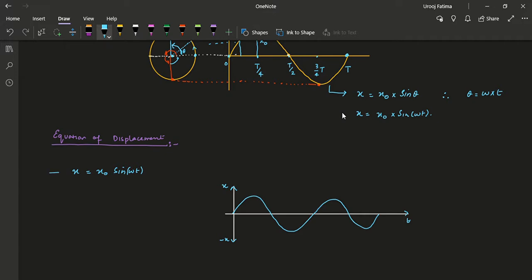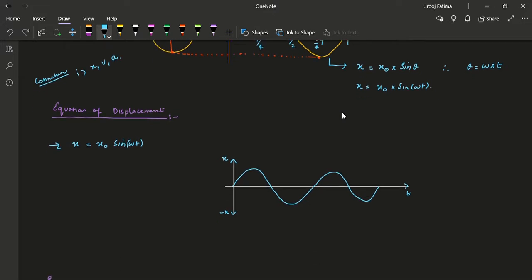From this point onwards, you must realize why we are doing this. Because we need to find the connection between three things: displacement, velocity, and acceleration in this particular chapter, that is, how a certain oscillation, which is S.H.M, is going to behave, right?